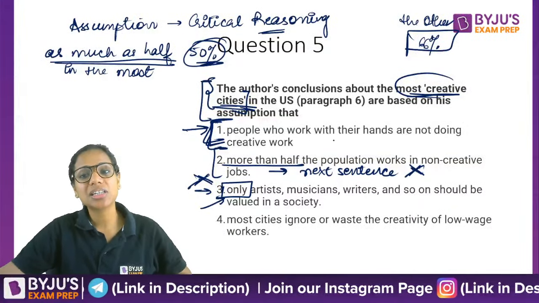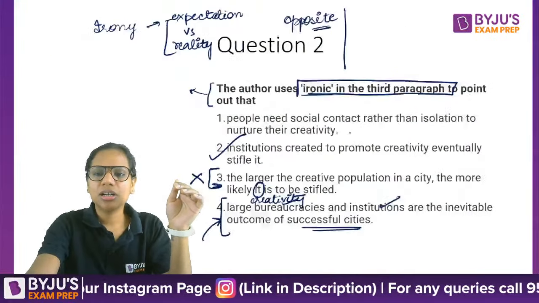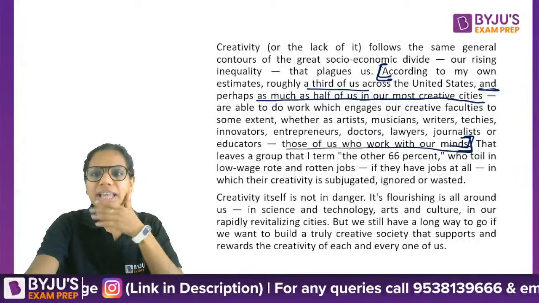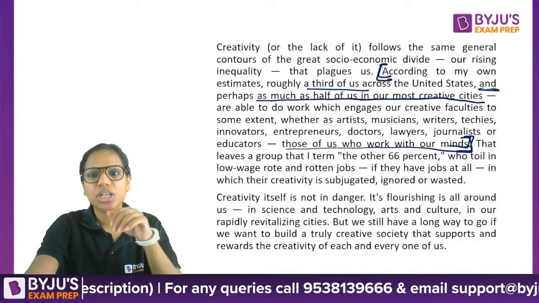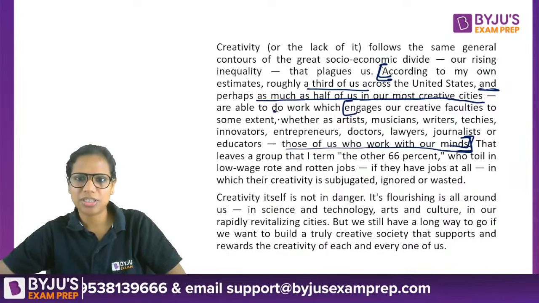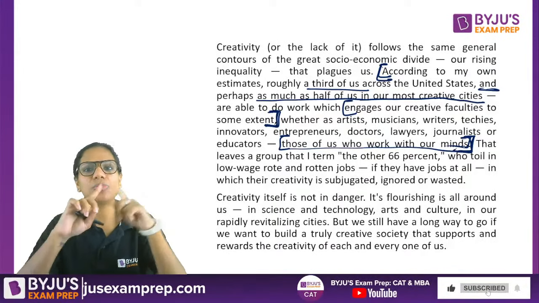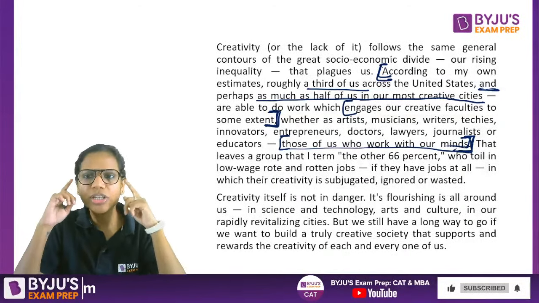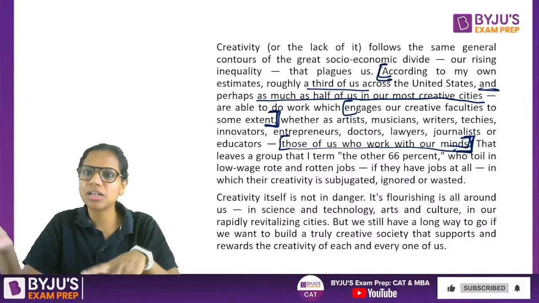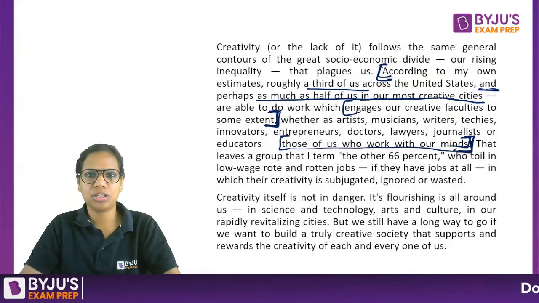how can I say that this is an assumption of the author? Because what is the author saying? That one third of us, and as much as half of us in the most creative cities, are able to engage our creative faculties to some extent. Those of us who work with our minds. That means the author is assuming that those of us who work with our minds engage our creative faculties, and those of us who do not work with our minds do not engage our creative faculties.